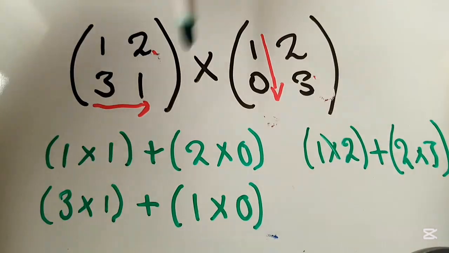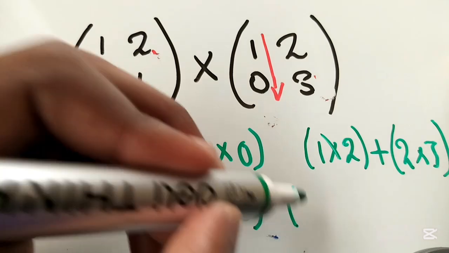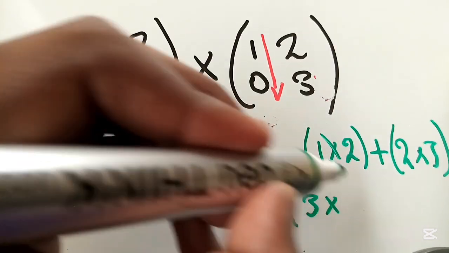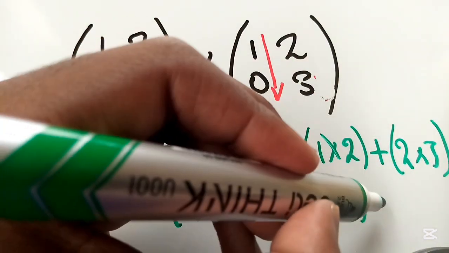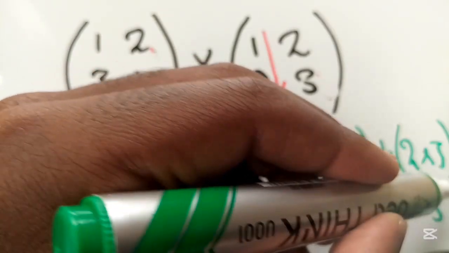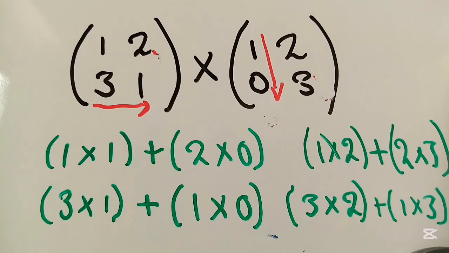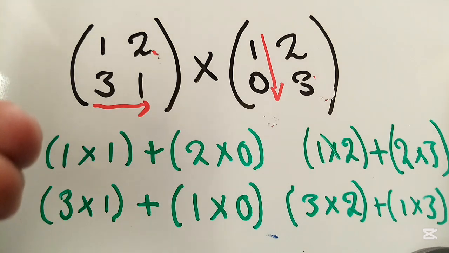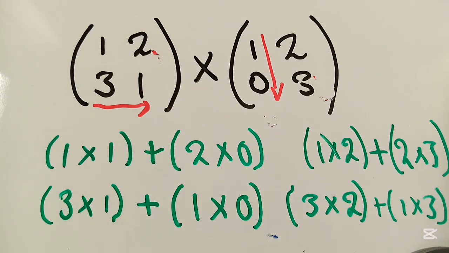Same thing, this row times that column, which would be 3 times 2 plus 1 times 3. I hope we're understanding the procedure. So when it is like this, we're just simply going to add and then get our new matrix.